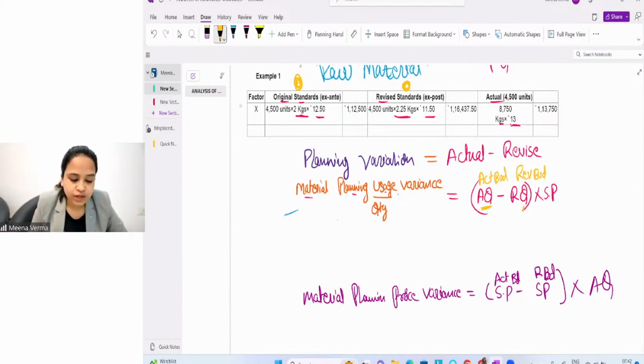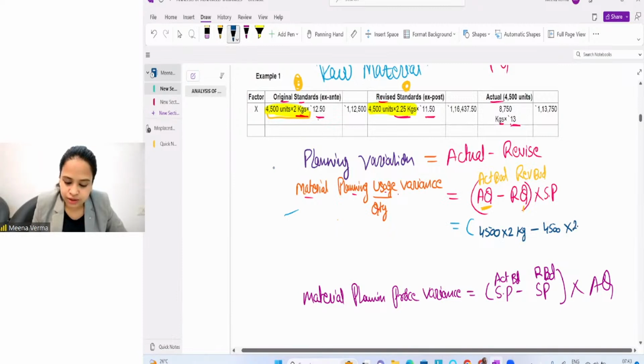तो देखो ओरिजिनल बजट में उन्होंने बोला कि हमें इतनी क्वांटिटी ऑफ रॉ मटेरियल चाहिए था प्रोडक्शन के लिए, ओरिजिनल बजट इनटू 2, right? This much kg of raw material was set by them. Then they revised it and said, okay, 4,500 into 2.25. This was their revised budget.